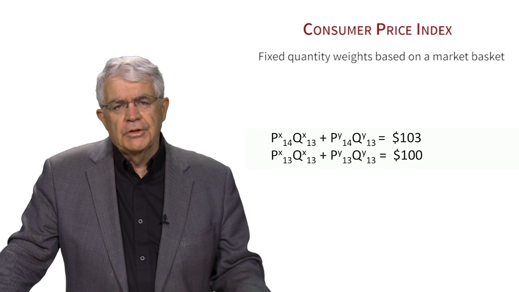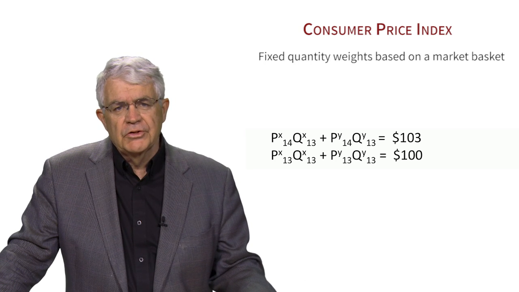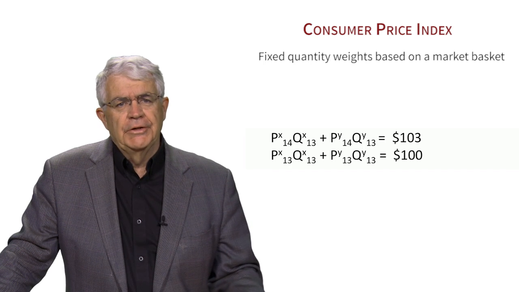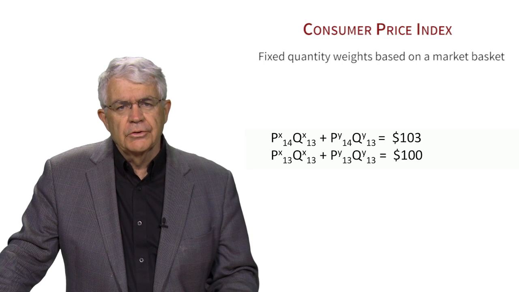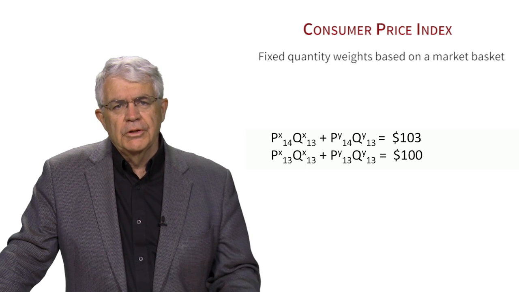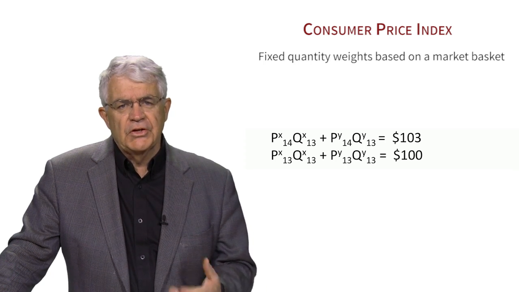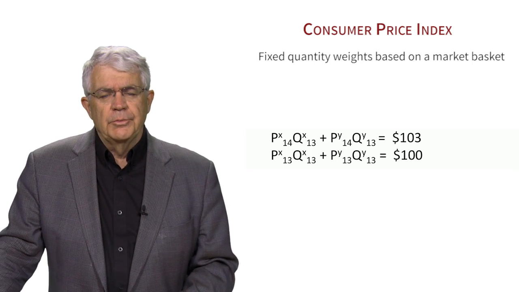So the one at the top has 2014 prices, as it should: the price of good X in 2014, the price of good Y in 2014, but it's multiplying those by the quantity produced in 2013. And that's fixed for these two rows. 2013 quantities are in the first row and in the second row, first equation and the second equation. What changes in the two equations are the prices. So this is, in a sense, fixed quantity weights. The quantities are fixed, and that's another way to compute the price index.